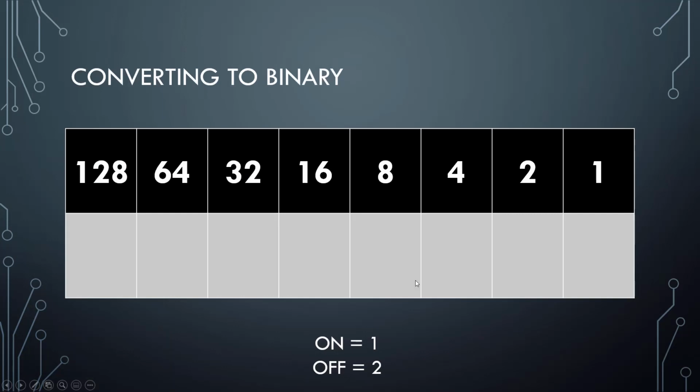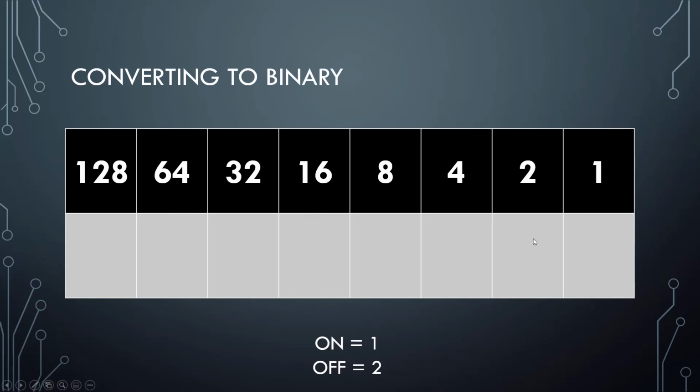So when you convert to binary, this is the chart that I use. There are a few different ways you can do this, but I find this the one that makes the most sense. So 1 bit would be 1, and then you double it: 2, 4, 8, 16, 32, 64, 128.